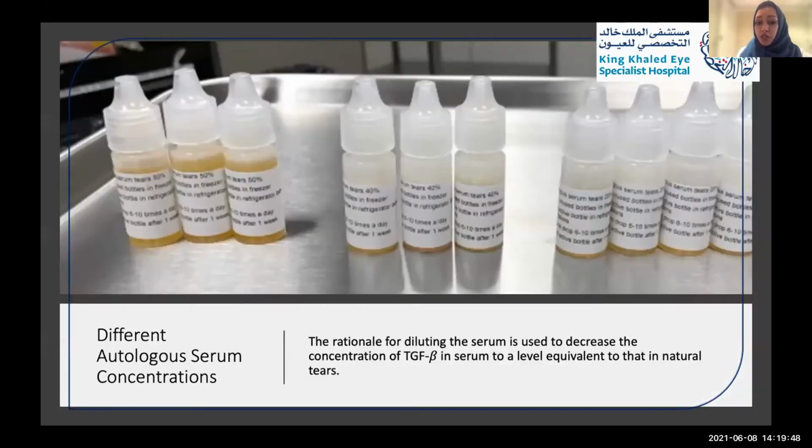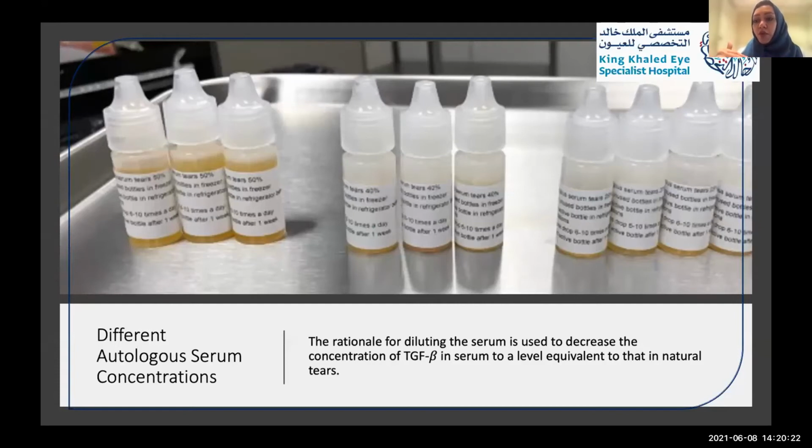Different concentrations, we know the 20%, the 50%, the 100%. The rationale behind diluting this serum is that in earlier days, they found that the concentration of transforming growth factor beta is about 5 times that of the tear. The worry here is that transforming growth factor beta has a pro-inflammatory effect that is dose dependent.